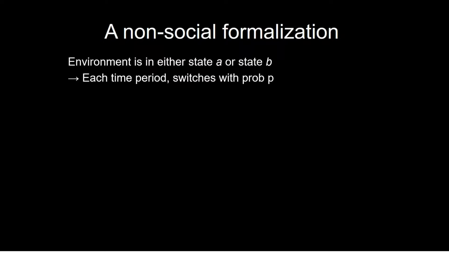So if it's A now, with probability 1 minus P it will still be A next time, and with probability P it will switch to being B next time. And so on. In every time period, the state of the environment is changing.